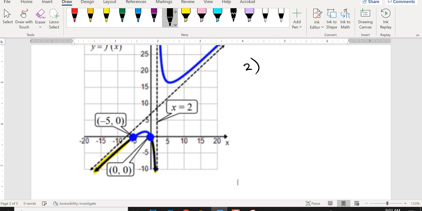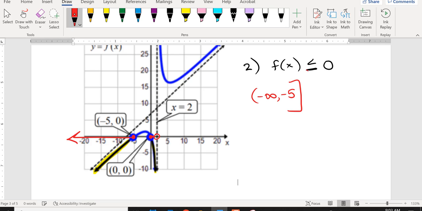Part 2, we want to know where is the function less than or equal to 0. So it's equal to 0 there, and it's less than 0 here and in between here. So I have negative infinity to -5. It can be -5 because it's equal to -5 there.